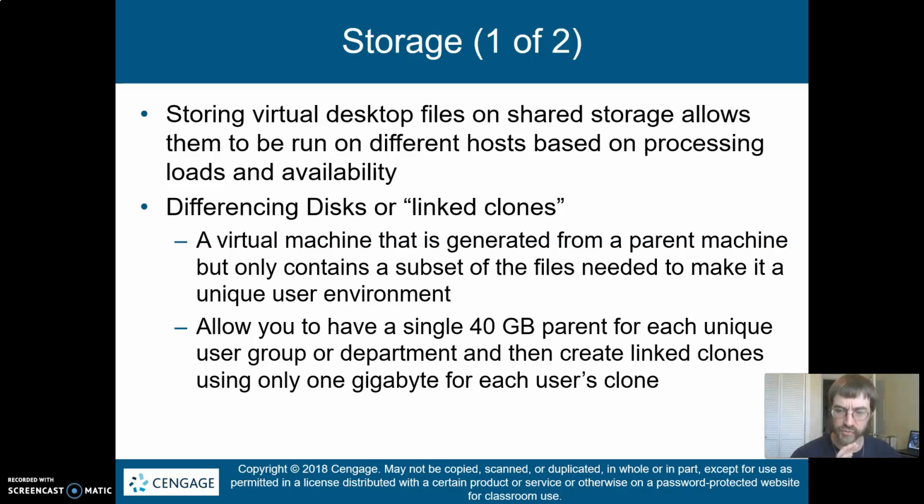Now, you can solve some of the storage problem by having linked clones or differencing disks, so that instead of having a full VM for every single one of your employees, you have a base image, a parent, and then the mechanism by which to tailor that parent to the target end user, the linked clone, that child image. You can save yourself an enormous amount of space.